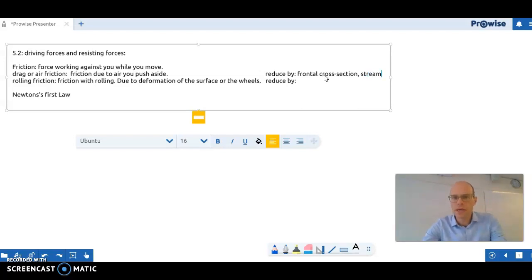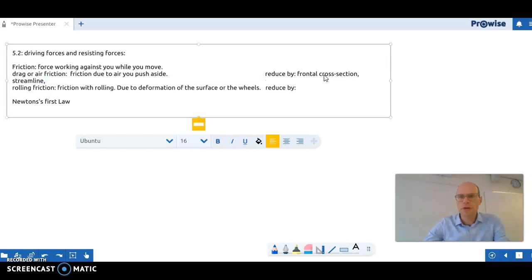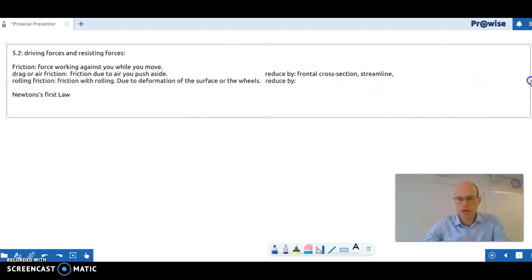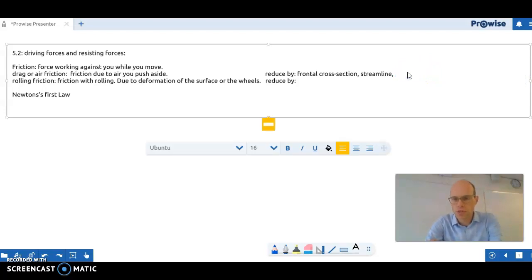Note that a better streamline does not automatically reduce the frontal cross-section. The best streamline is that of a water droplet when it goes down, and the worst is that of a brick. The air flows more smoothly around the water droplet, so you have less disturbance of the air, and that makes it easier to go through it.